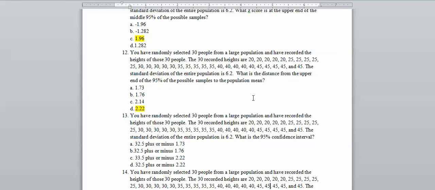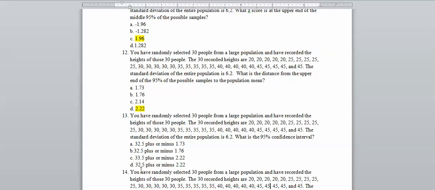The way I was able to get it is by, well, I know that 20, 25, and 30 are the bottom half, and 35, 40, and 45 are the top half. So I just took the number halfway between 30 and 35. That's a shortcut I could use in this situation, but it might be easier for you if you just added them and divided by 30 to make sure you get the correct answer.